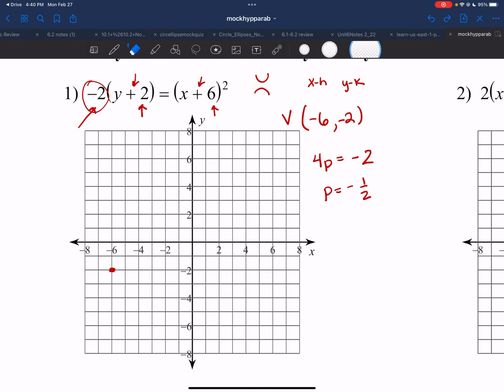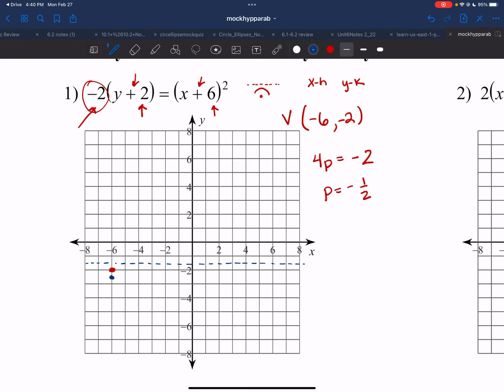So I'm going to go ahead and erase this top one. And what that means is that my directrix is going to be above it and my focus is going to be below it. So as I look at this piece here, I'm going to go below it by 1/2. That's my focus. And then I'm going to go above it by 1/2, and that's going to be my directrix.